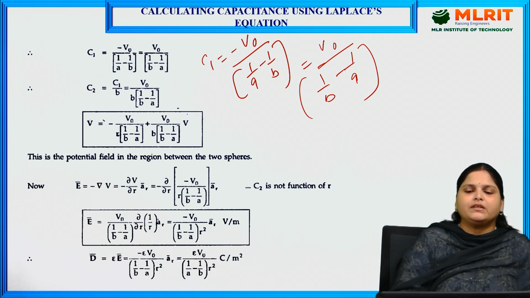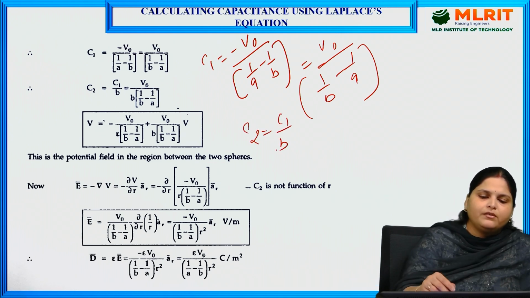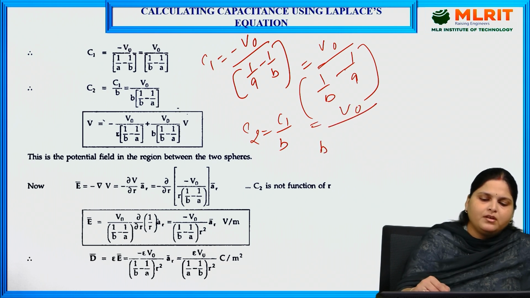This is our C1, and C2 equals C1 by B, which can be written as V naught upon B into (1 upon B minus 1 upon A).